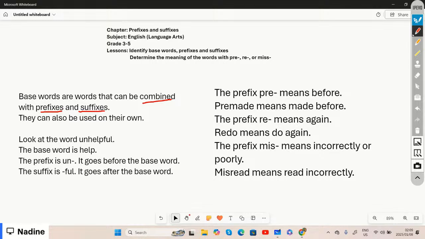So remember we said that a base word already has its own meaning, but once we add the prefix and the suffix, it changes the meaning of the word.